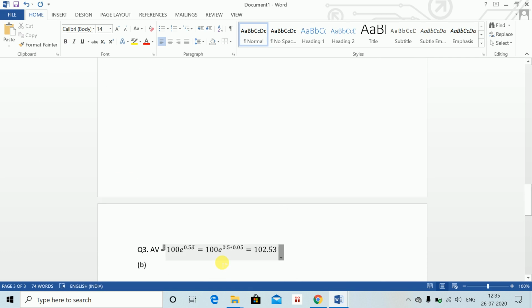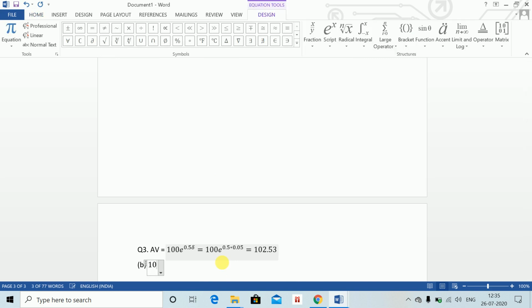So we have 100 × (1 + i^(12)/12)^6, where 6 is the number of months. This equals 100 × (1 + 0.05/12)^6, which is equal to 102.53.